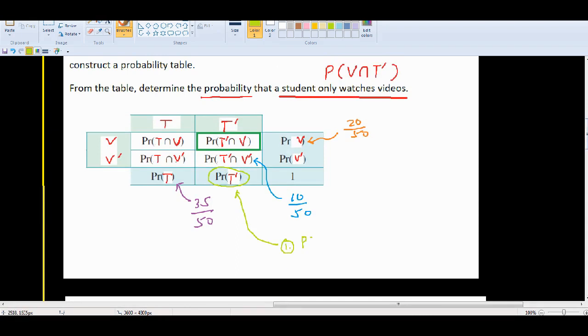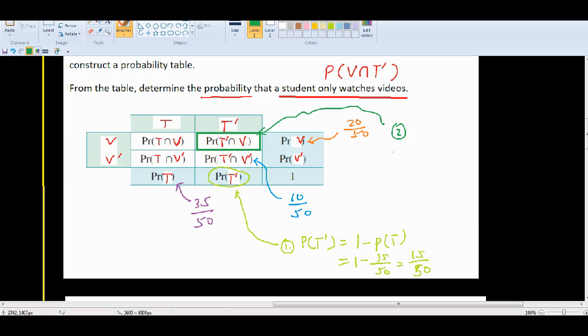So I'm going to find this one, which is 1 minus P(T), because that's what we call complementary events. That will give you 15 over 50. Then for the green box, that will be our second step. The sequence is very important.